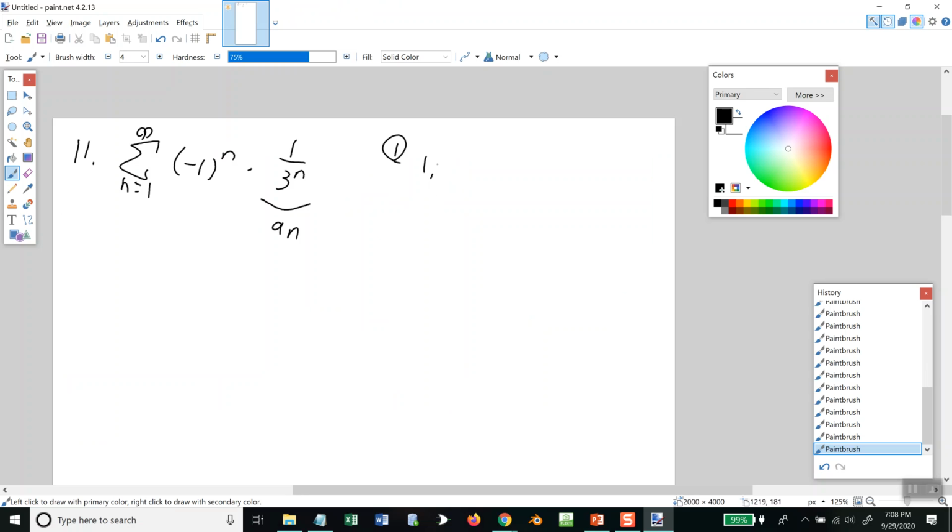So we're looking at the limit as n goes to infinity of a sub n, or the limit as n goes to infinity of 1 over 3 to the n. Now, if I had an n down here, I'd have infinity, of course. If I have 3 to the n, it's just going there faster, isn't it? So that's going to give us 0. So that criteria is met.